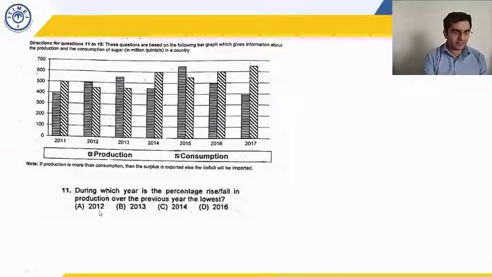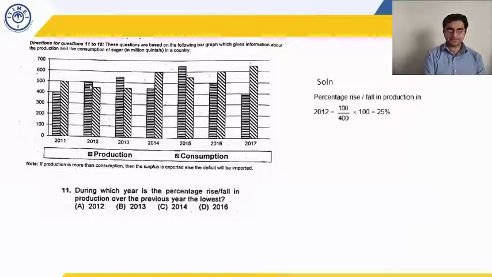That means 2012 should be compared with the previous year, that's 2011. So let's compare. Production in 2011 is 400 units and in 2012 it becomes 500 units. So 400 increases to 500. So what is the percentage change? 500 minus 400 divided by 400. That's 500 minus 400 divided by 400 into 100. That's 25%. So this you got for 2012.